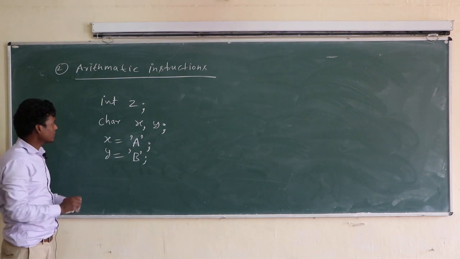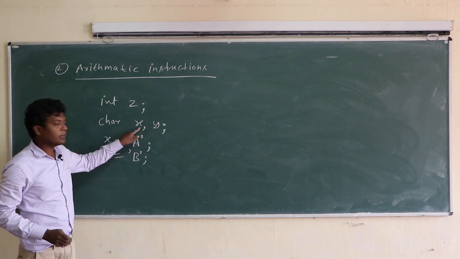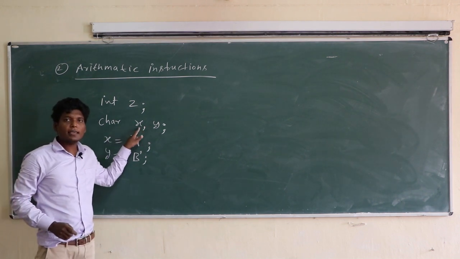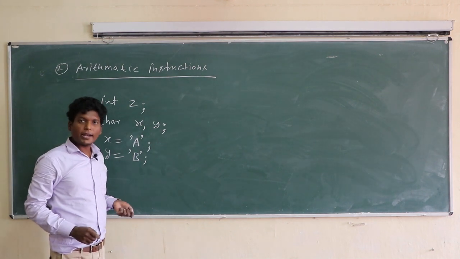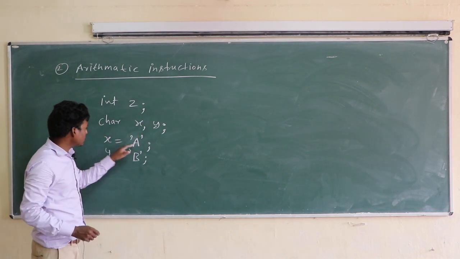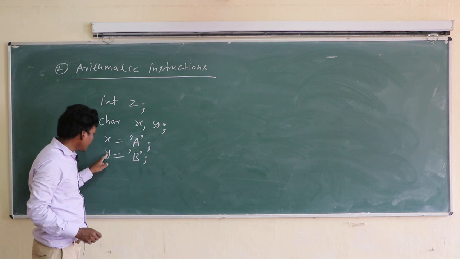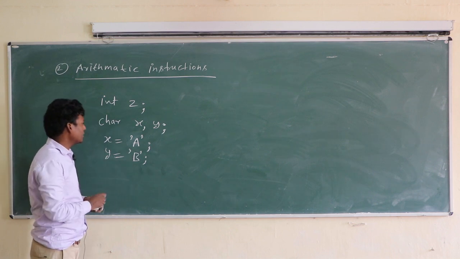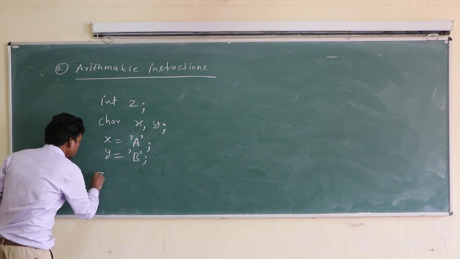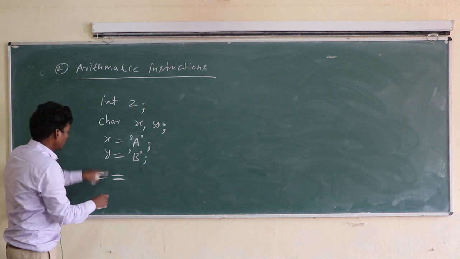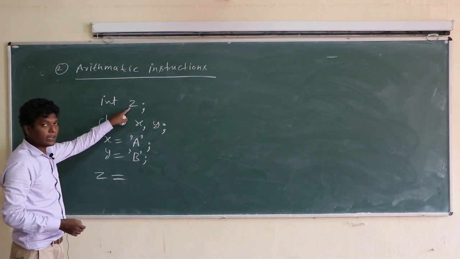Here, class, x and y are character variables, so x and y can only hold character constants. So x has character a, y has character b. Z is an integer type.